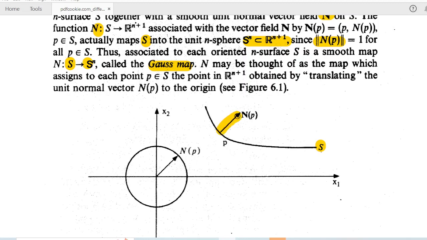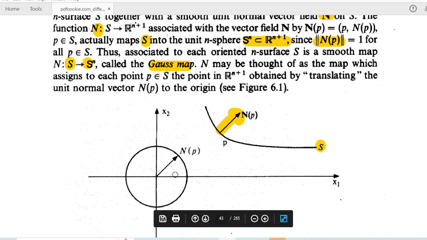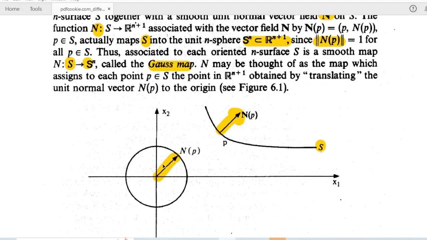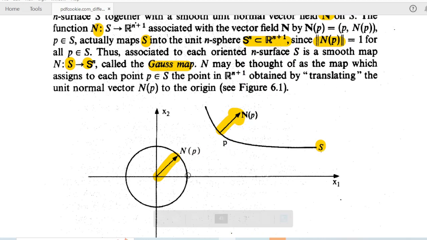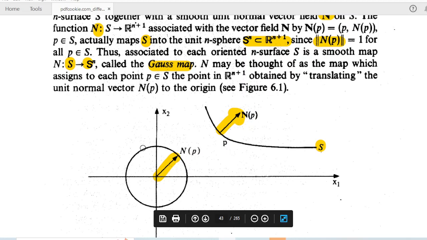If we place the origin of the n sphere, and take that normal vector field from there and place it at the origin, that is the main role of a Gauss map. Gauss map is a map from an n surface to S^n. So basically a Gauss map translates the unit normal vector from S to the origin of an n sphere.